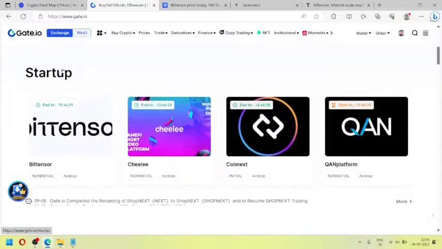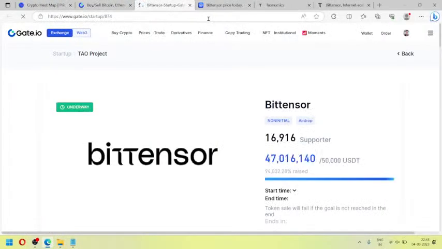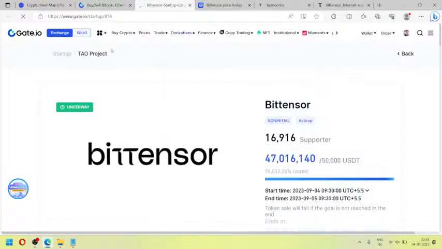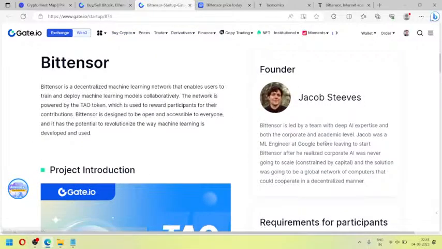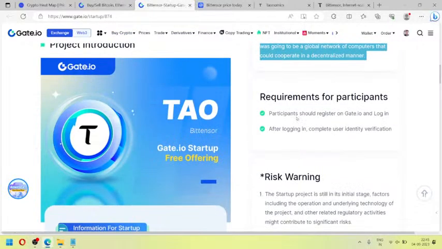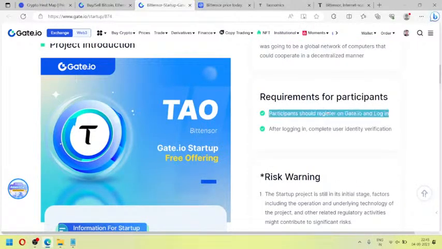You can join gate.io and join the startup. The startup is running on gate.io. Just log in to your account and everyone can participate this year. These are the participation rules you can see here. Register on gate.io and log in to your account.